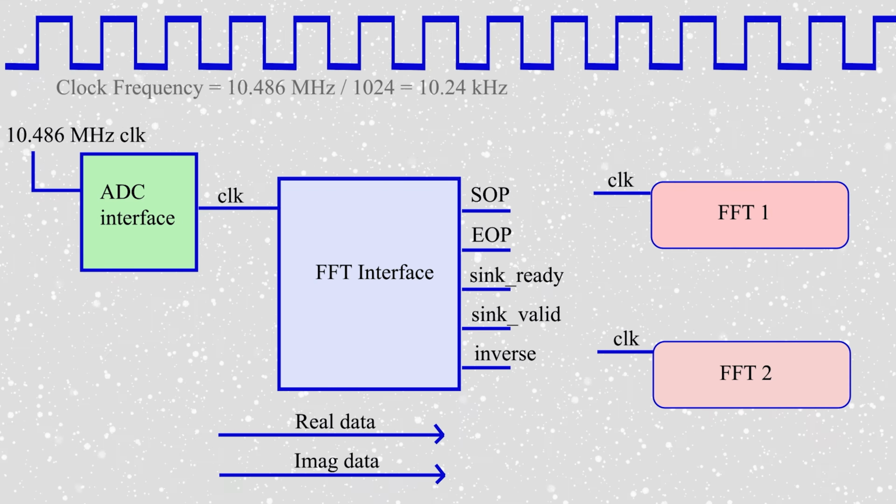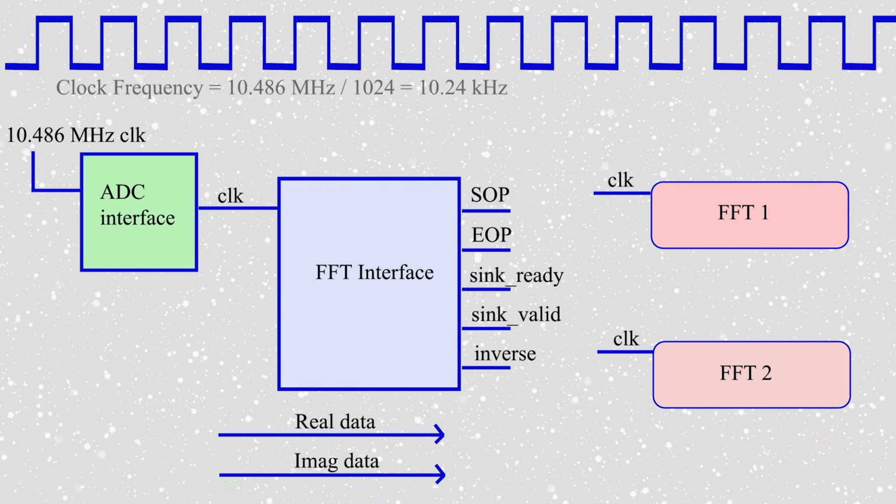Okay, so you can see we've got our 2 FFTs here, and as I said before, we only need to write one interface code for this because the interface is the same for both FFTs. The only thing that changes is this first FFT is for the voltage input, and the second FFT is for the current input. But let's take a look now at the code that we've written to satisfy the requirements of that timing diagram.